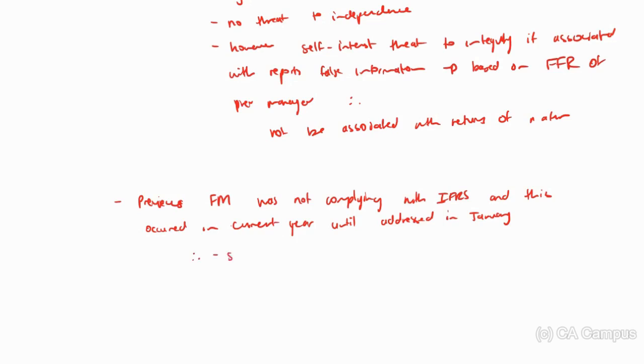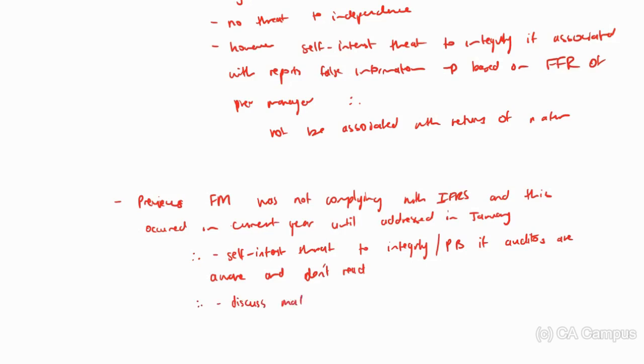And so therefore there's a self-interest threat or intimidation threat to integrity or professional behavior if the auditors are aware and don't react. Therefore, they need to discuss the matter with management to ensure that it is appropriately addressed. And now I have gone and discussed everything that I can possibly consider from a pre-engagement perspective. Let's do question 2.